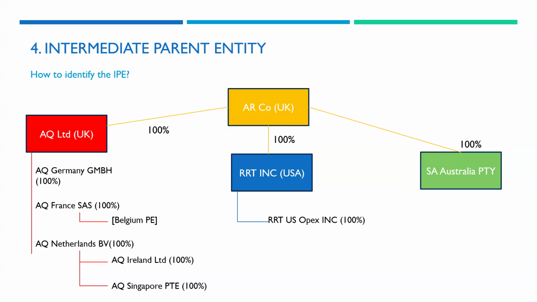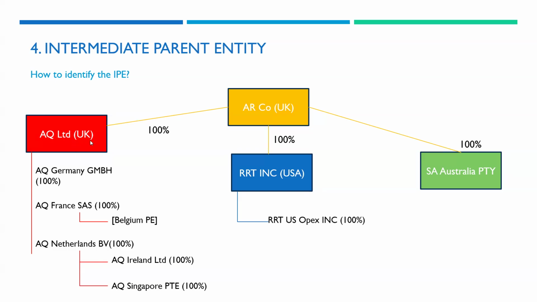So, who's the IP here? Melvin says AQ and RRT. Yes, Melvin, that is correct, because you have to see who is immediately the next one.